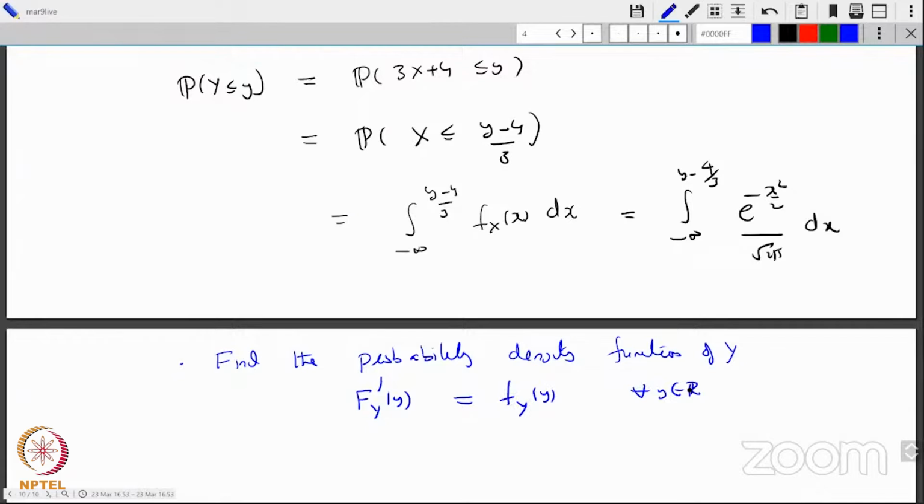Can someone differentiate the above on chat and let me know what answer they get? What is the density of y? Or what is the distribution of y? Can someone tell me on chat? Anybody?